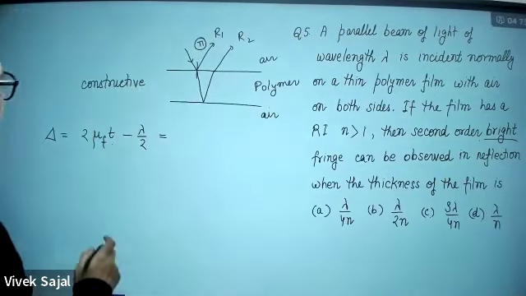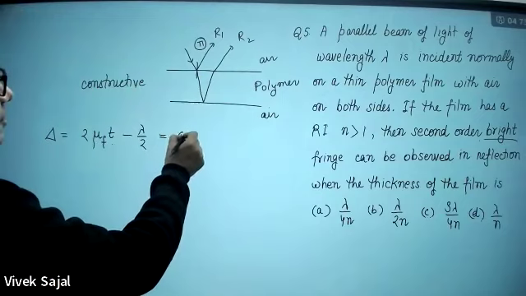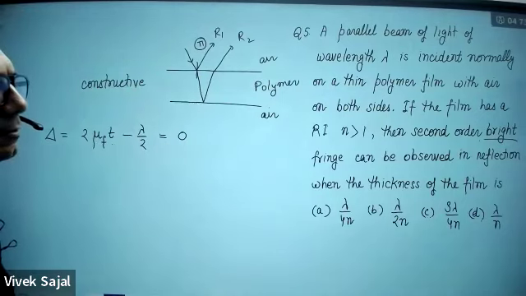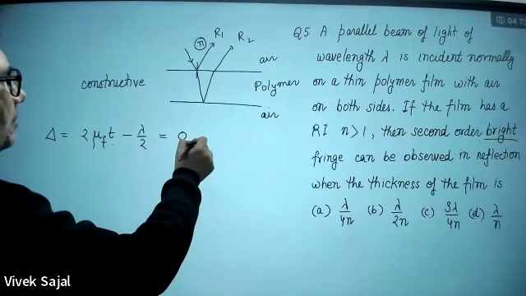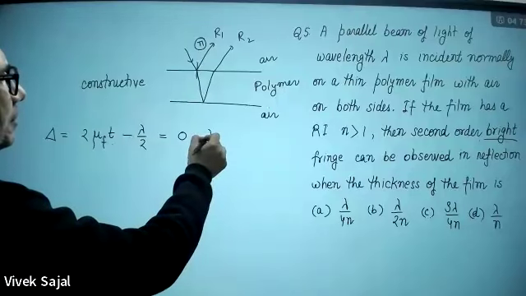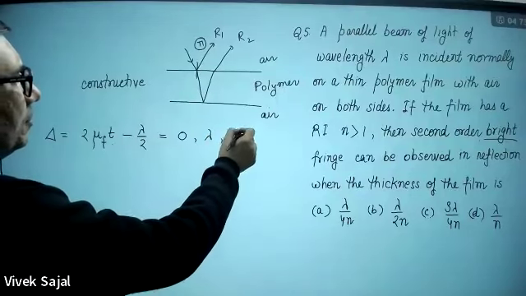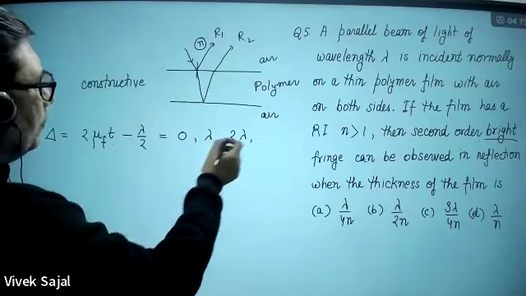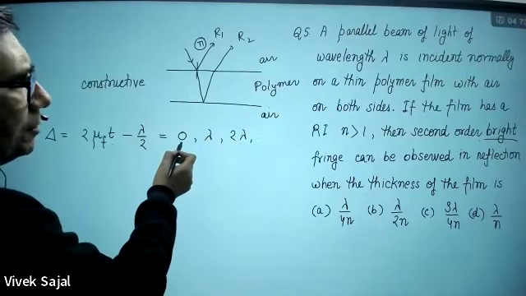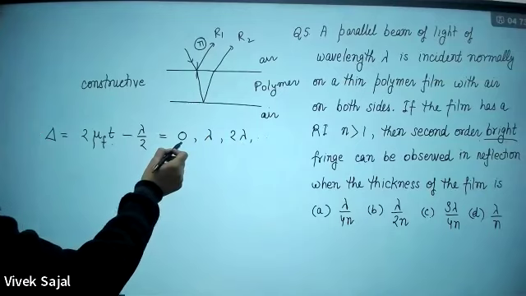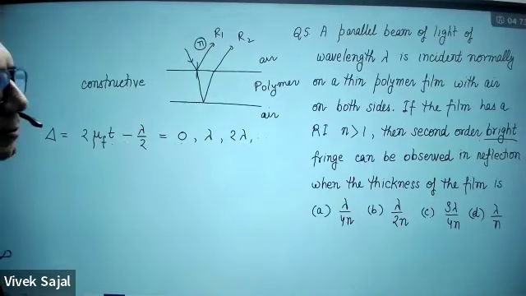Don't care about this. So here it will be 0. Okay? This will be lambda and this will be 2 lambda. If you choose this one, this is 0th. Okay? So path difference here is 0.